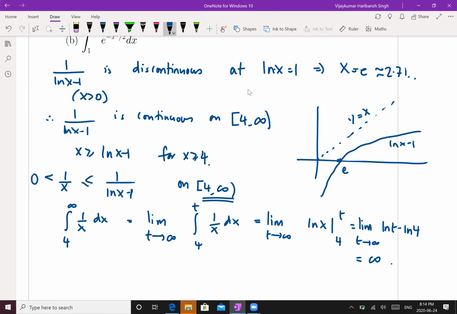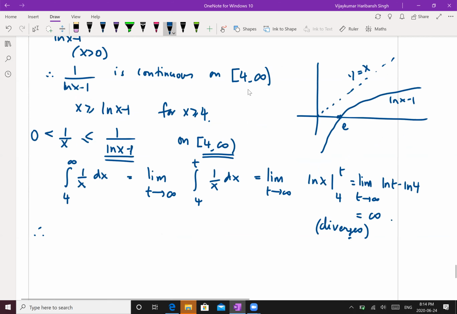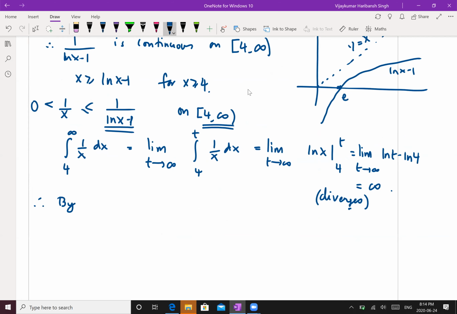So this diverges. If this diverges, then by the comparison test, the integral from 4 to infinity of 1 by ln x minus 1 dx also diverges.